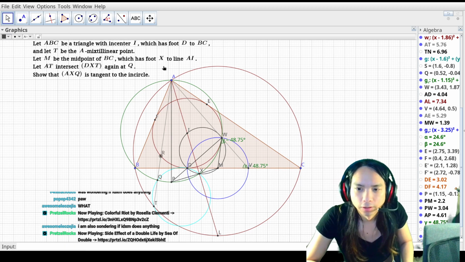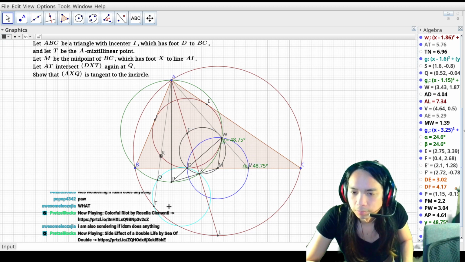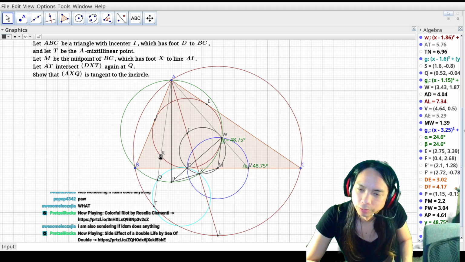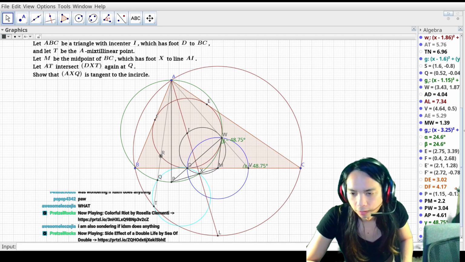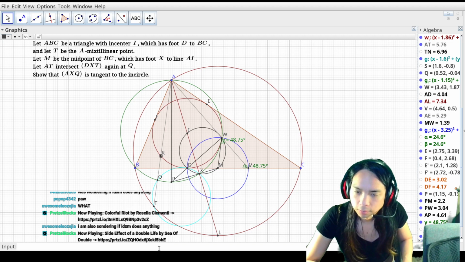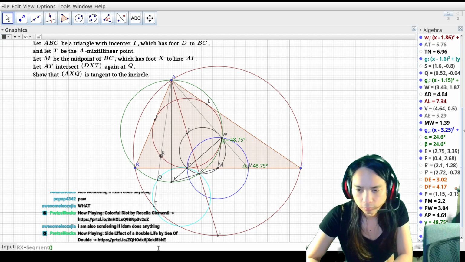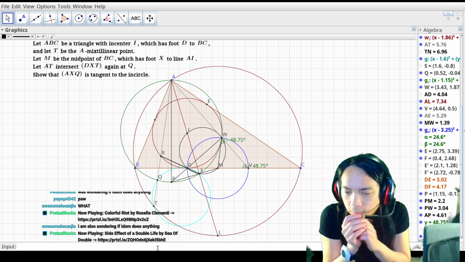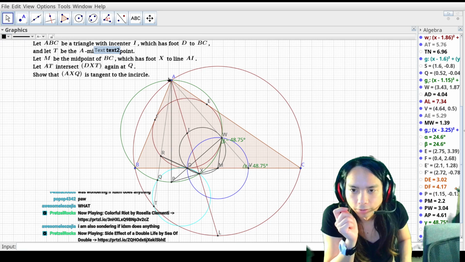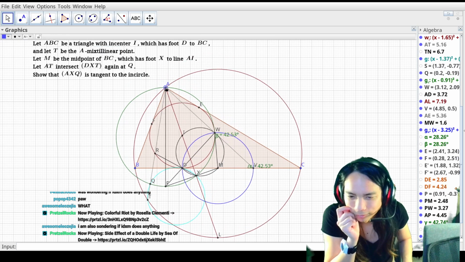So there's a point R, which is actually just the reflection of W across the angle bisector. And the claim is that this point lies on line DX. First let me verify that I'm not hallucinating like last time, because that really was not good.